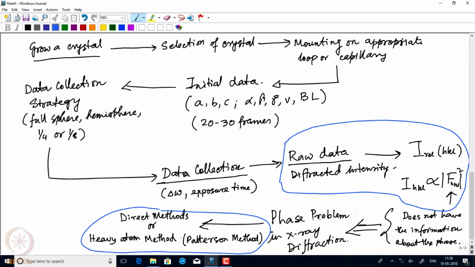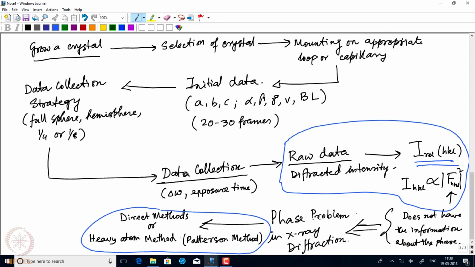Improper data handling may lead to incorrect intensities, and then the structure solution using direct methods or Patterson method is going to fail, because those are highly dependent on the I relatives, and on the structure factor amplitude calculated from them.